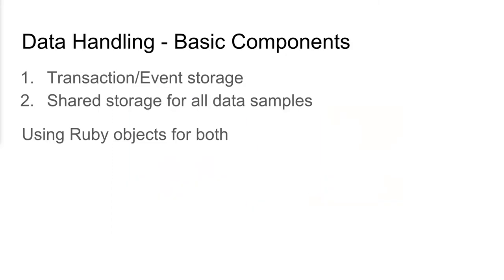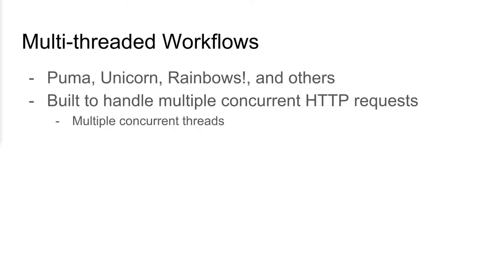The easiest way to do this is to just have a couple of objects like an array or a hash or any kind of data structure. We'll collect the transaction's event data into one of those data structures and then add it to the shared one when the transaction is finished. Now there's one big problem with this. We'll have to account for web servers like Puma and Unicorn that are built to handle many concurrent requests.